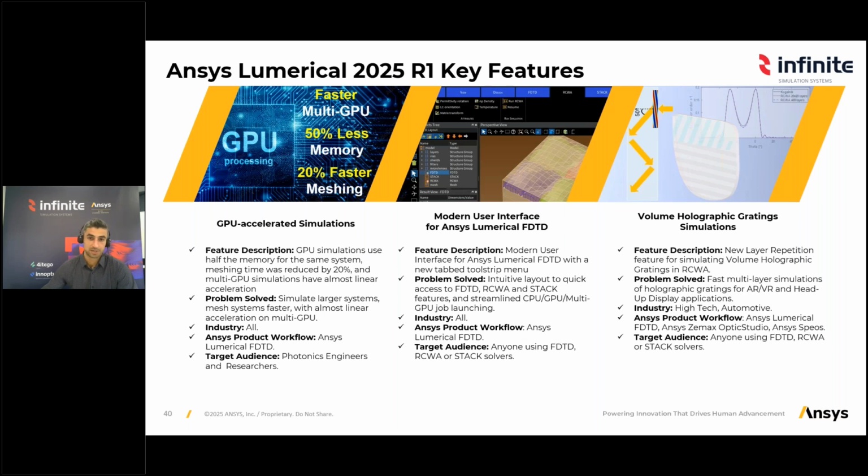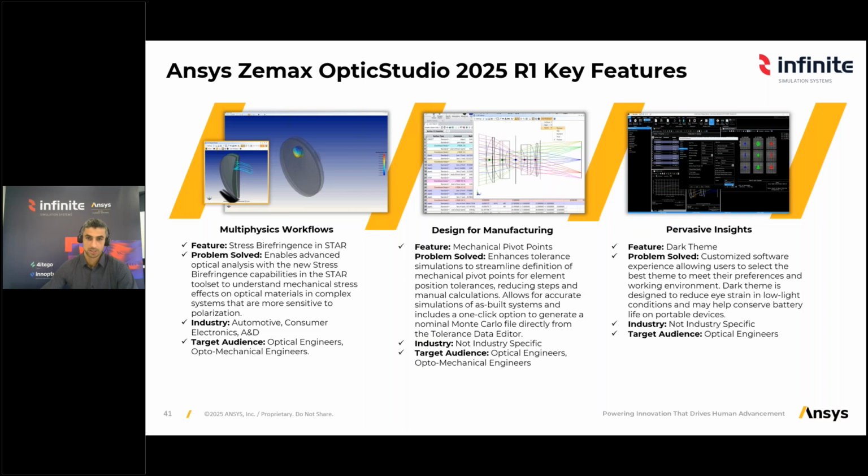The user interface has also been improved, in a way that is more consistent with the other Ansys products. So if you are using several Ansys products, you should start to feel more and more that same look and feel across the different products.